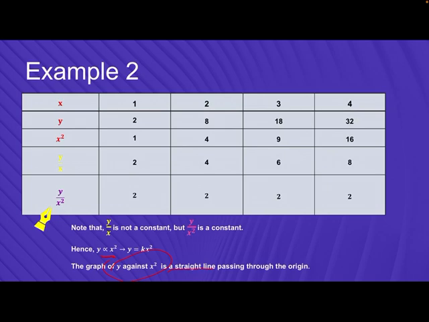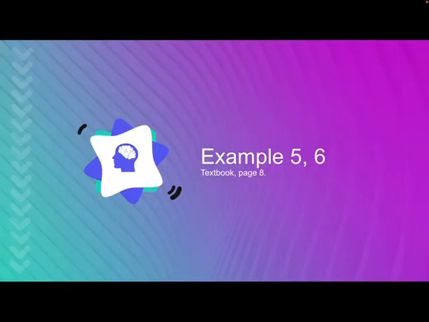Meaning you would get a straight line graph if you draw y against x squared. But y against x, you won't get this kind of graph, because the y values go up very fast, way faster than the value of x. Next, examples 5 and 6. So you look into the textbook.